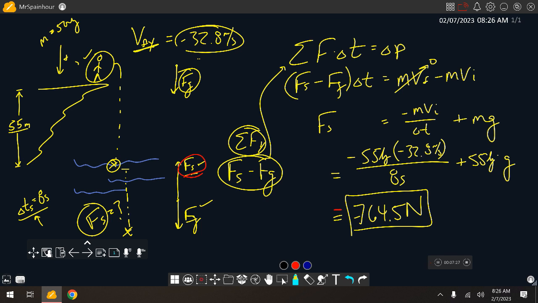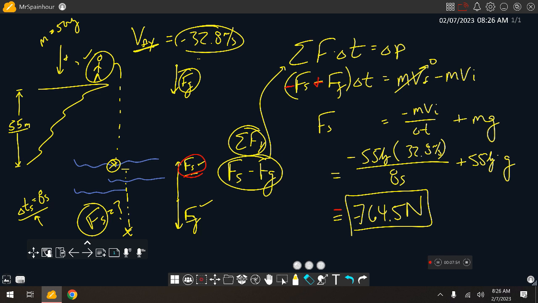So whatever we establish as upwards, either positive or negative, should be our corresponding answer. And of course that would happen because this would not be negative, this would not be negative, and this right here would flip. Force of the substance would be negative, and force of gravity would in fact be positive at the beginning, which would cause the changes we saw.